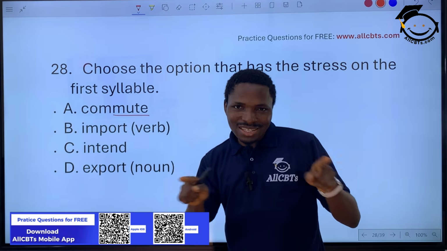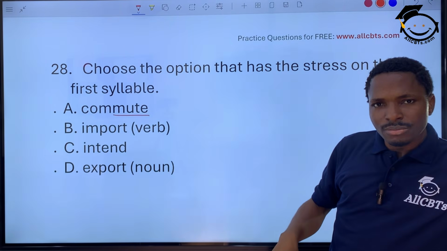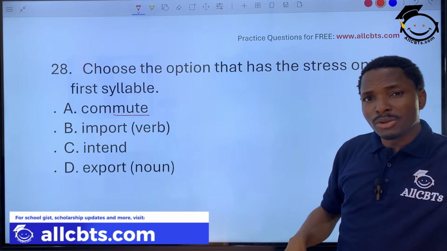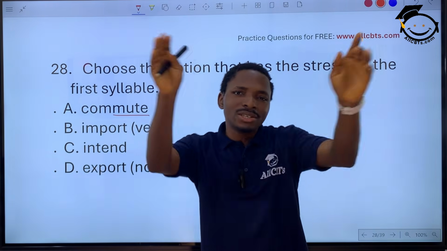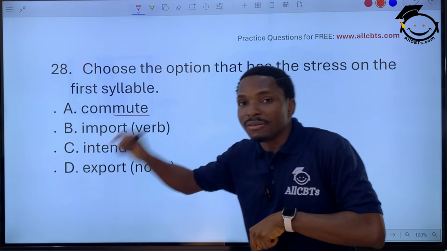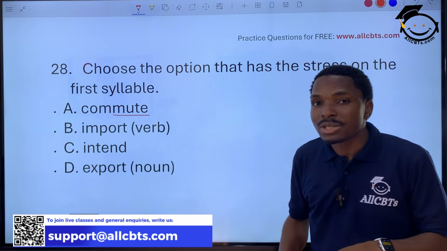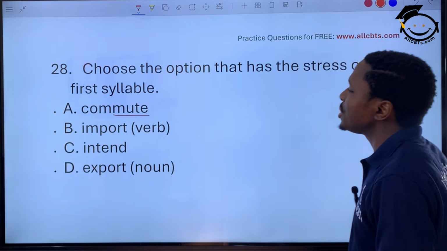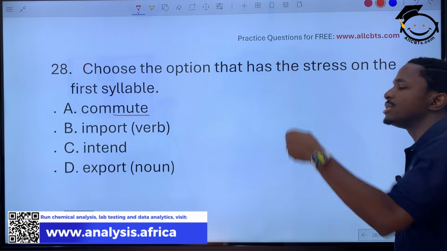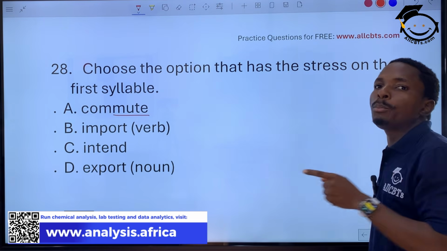Which one of them is the noun, which is the verb? Import it, or my import. Where is the stress? I'm taking the one of the verb. The one on the verb is import, and the stress on import is on the second syllable. Import. Port.